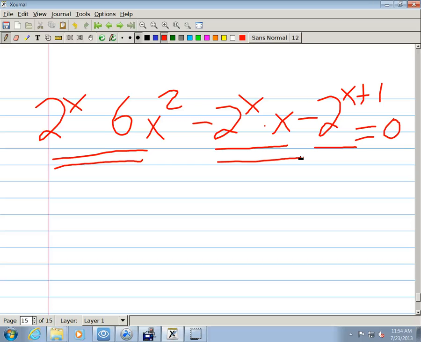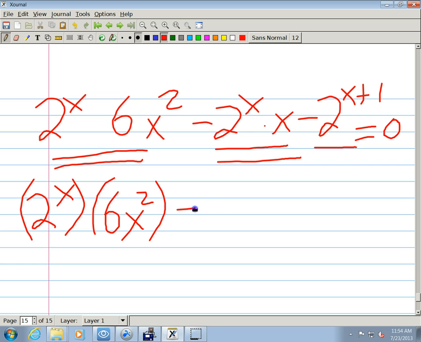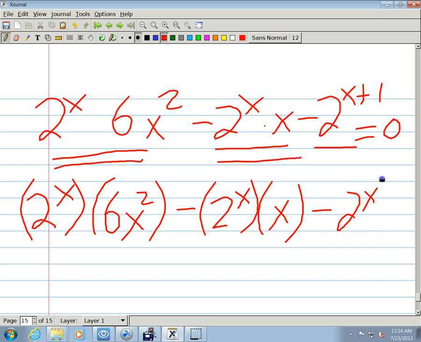All right, let's rewrite that. Just simplifying a little bit. So I've got 2 to the x times 6x squared minus 2 to the x times x minus 2 to the x times 2, basically. All right, so that actually made it easier to solve.